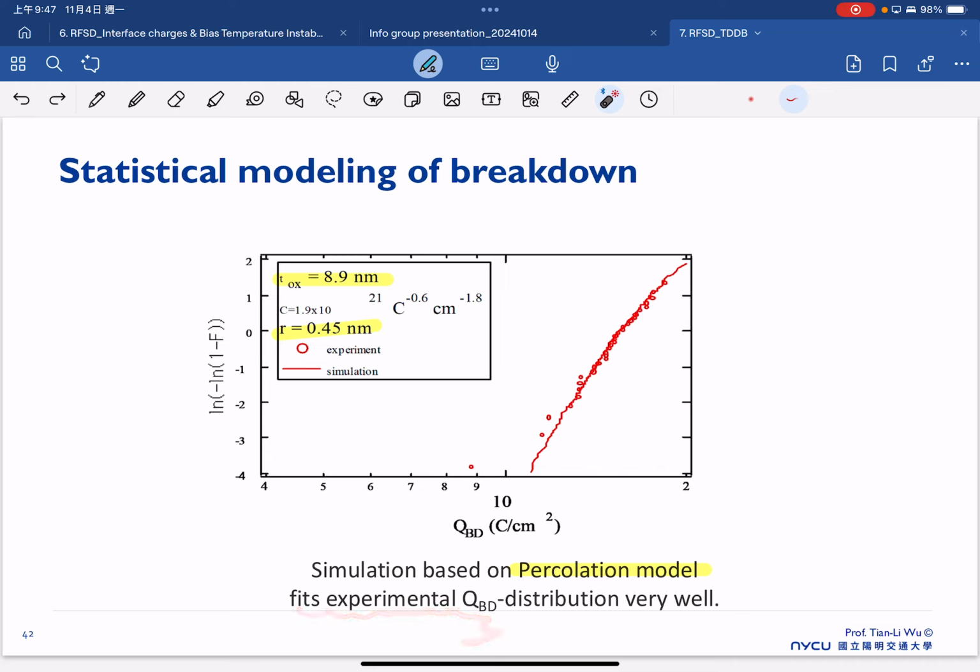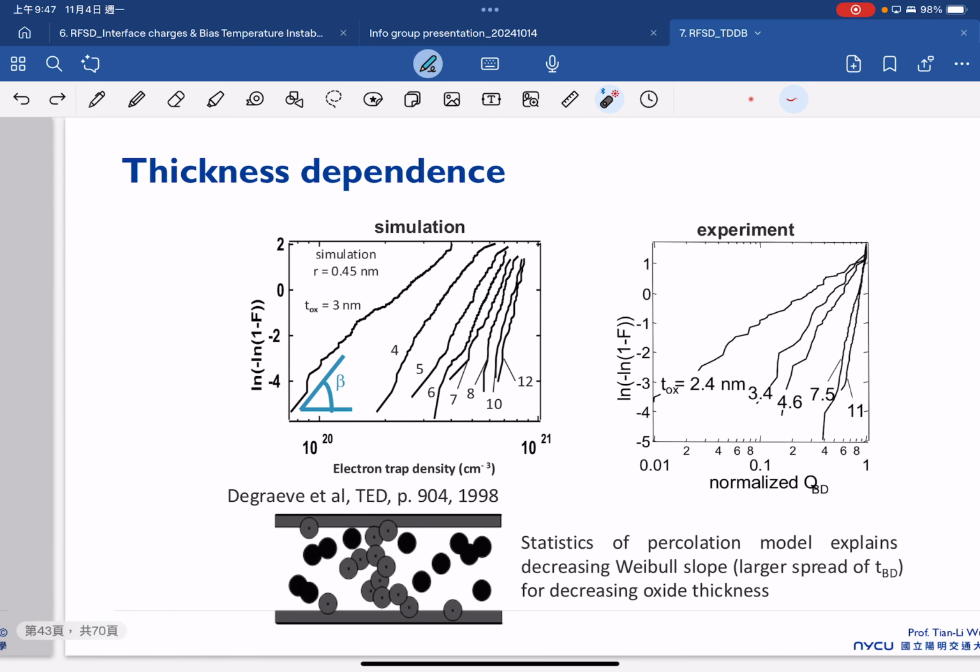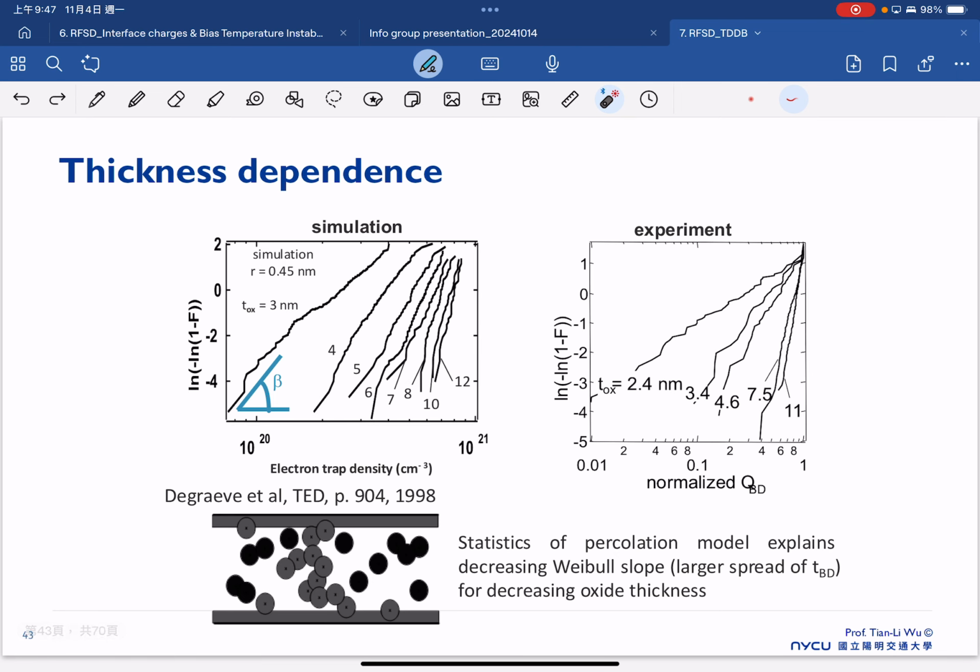So that's one of the proofs that the percolation model really exists in TDDB issues. And also, this thickness dependency can be well understood from the percolation model.